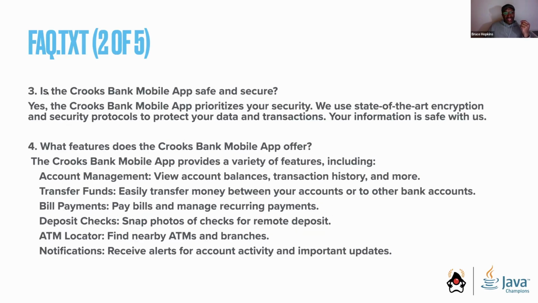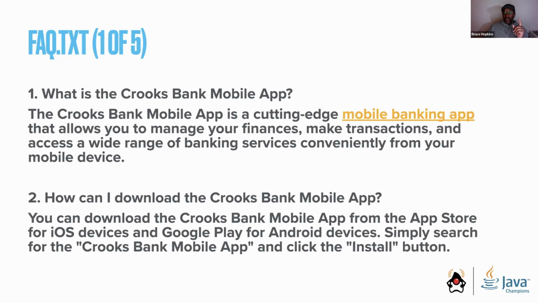Question 3, is the mobile app safe, with the answer. Question 4, what features does the bank app offer? And the answer: account management, transfers, bill payments. I want to point out that it is a mobile banking application. You're going to understand why I highlighted this.